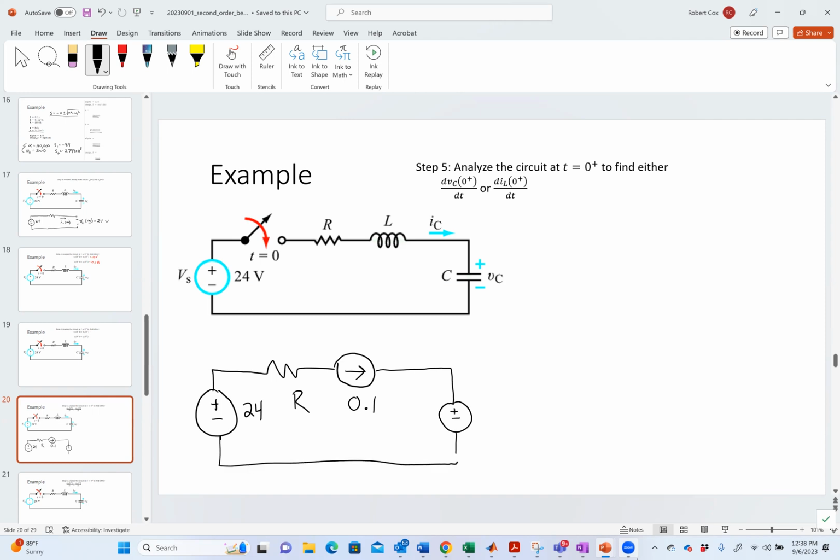Just to be clear, this value is VC(0+), the voltage there, which is going to be 10. And this is IL(0+). Now, what I'm interested in is the derivatives, right? So how do I get the derivatives? What do I know about dV/dt? That's the thing I'm really most interested in here.